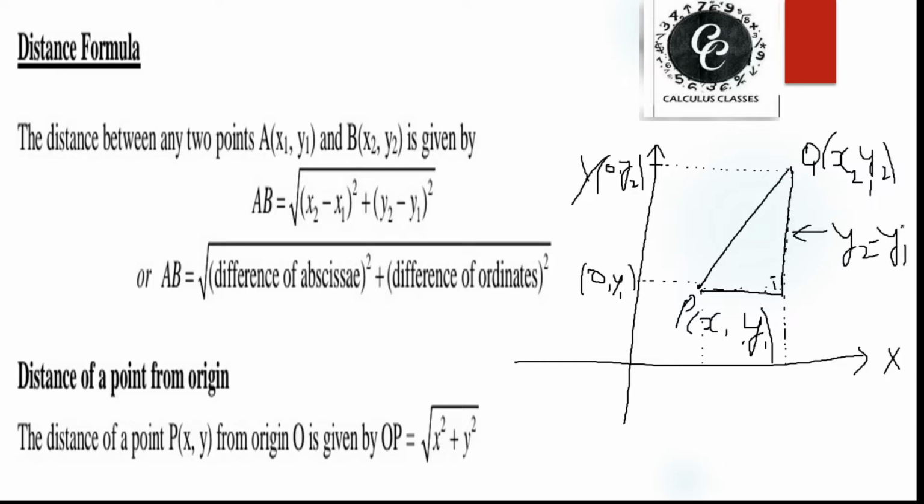Similarly, this point will be x1 comma 0, as we discussed in the previous case, and this point will be x2 comma 0. So this distance will be x2 minus x1. Now we can apply the Pythagoras theorem formula. I hope you are understanding. I want to tell you the formula directly.